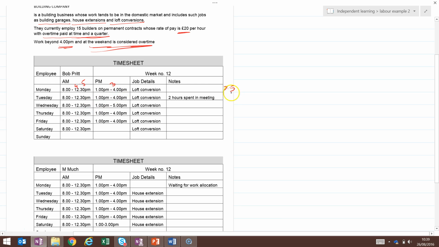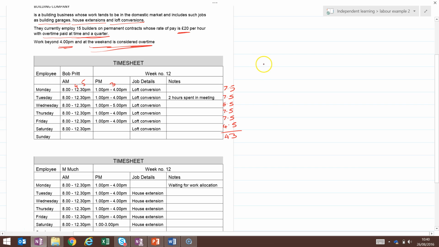Tuesday is the same. Wednesday, he did an extra hour in the afternoon, so he's done 8.5 hours. Thursday, 8 to 12:30, 1 to 4, that's 7.5 again. Friday, another 7.5, and Saturday 8 to 12:30, 4.5 hours. So he's totalled 43 hours.